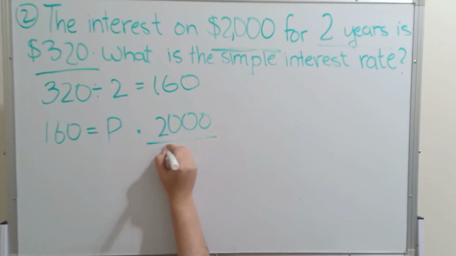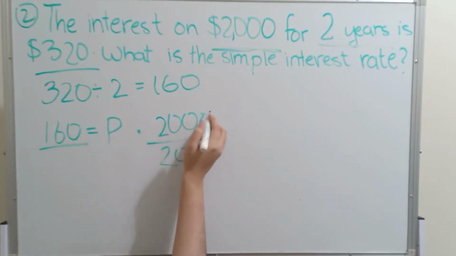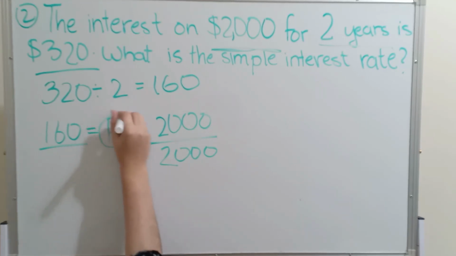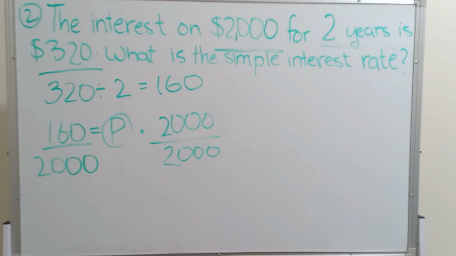$2,000. Now we're going to divide both sides by 2,000, because we need this to be eliminated, and we only want the P at this side. So 2,000 here. Now we're going to divide $160 by 2,000. If we divide 160 by 2,000, we will get 0.08 as our P. Now we have it in a decimal form.